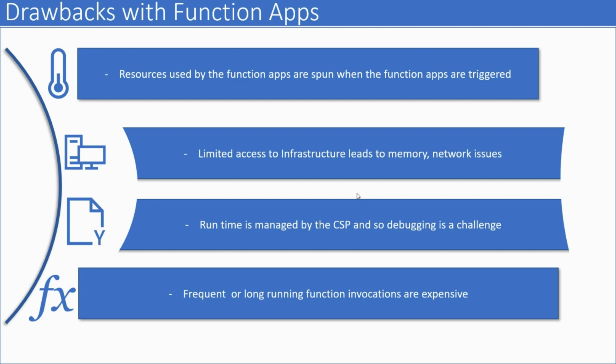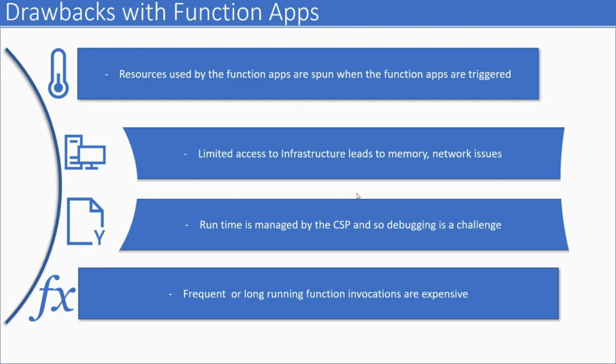Since this is a platform as a service model, the developer has less control over the operating system and the network. Third one, runtime is fully managed by the cloud service provider, and so debugging a function app is not an easy task, unlike debugging a traditional application where you can take control of debugging from one layer to another layer very easily.